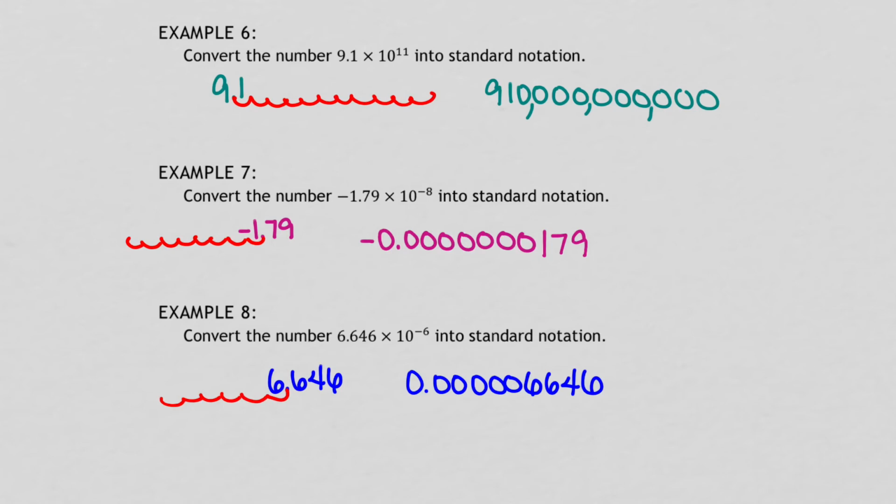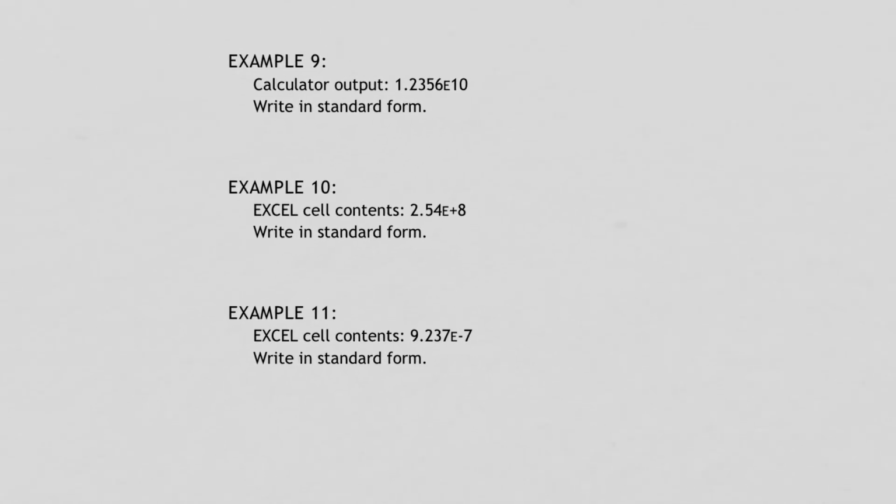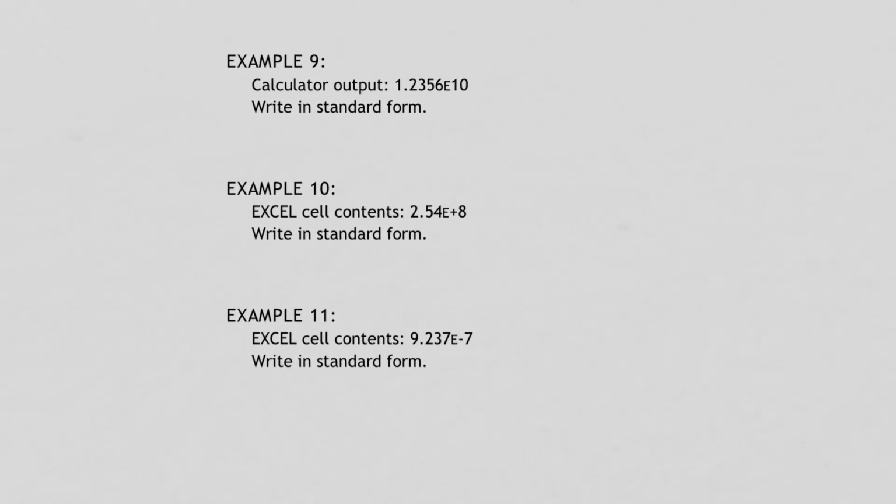Let's see. What about if we have a calculator? Calculators give us something different. The calculator isn't equipped to write times 10 to an exponent easily. So what it does is instead of the times 10, it'll put a little e.